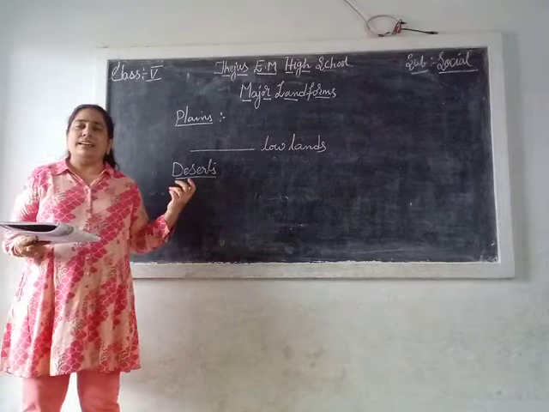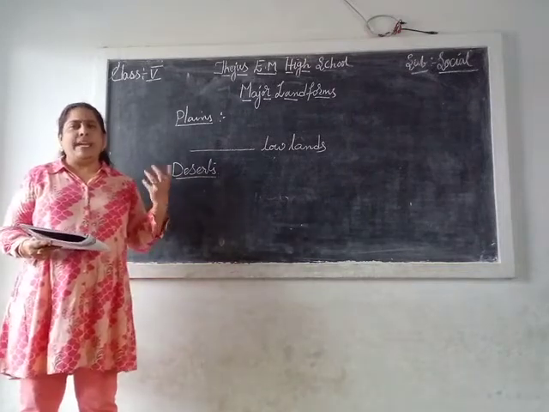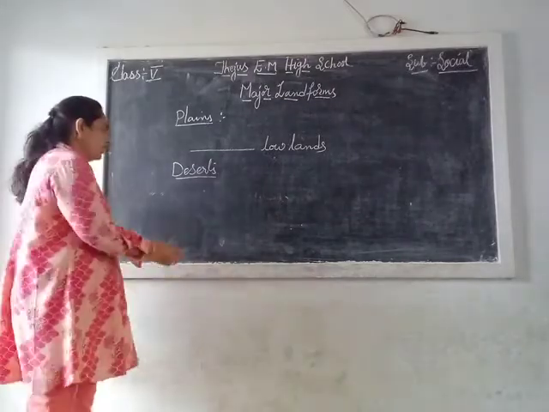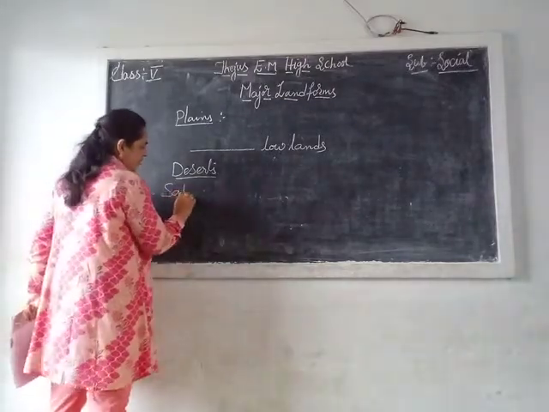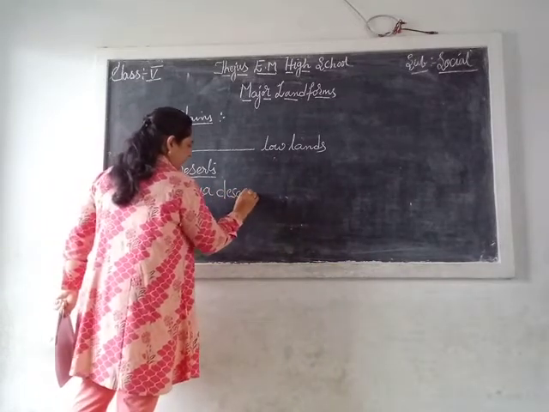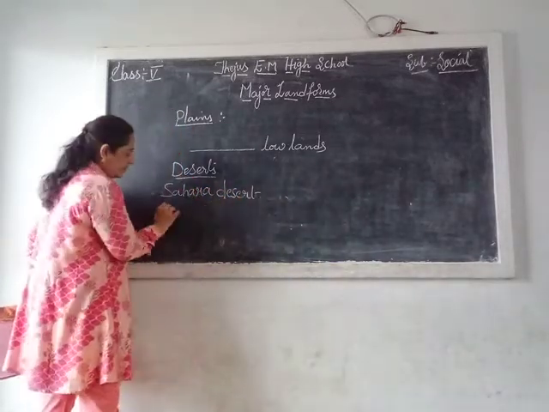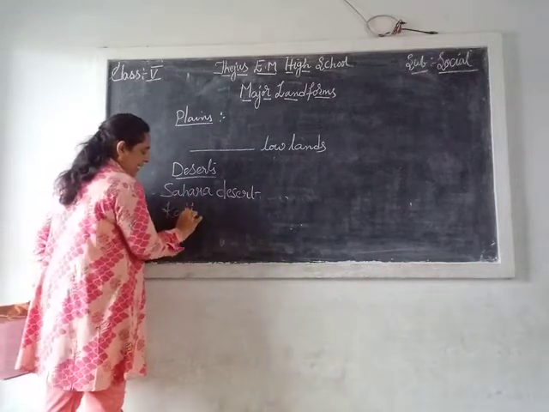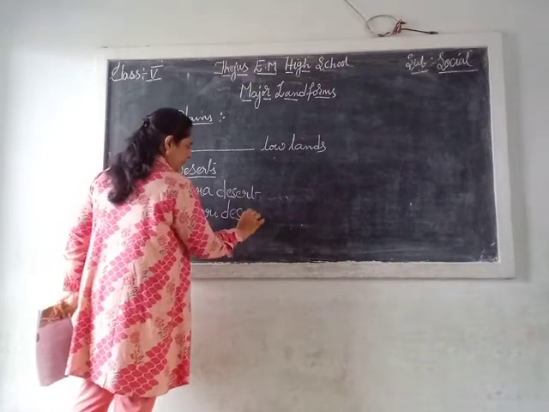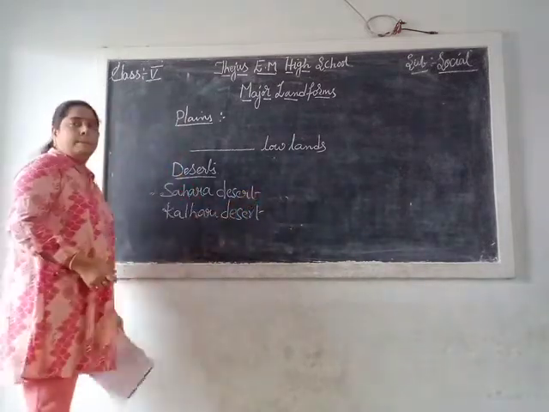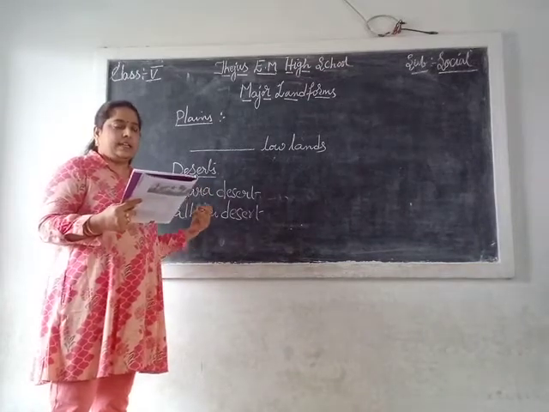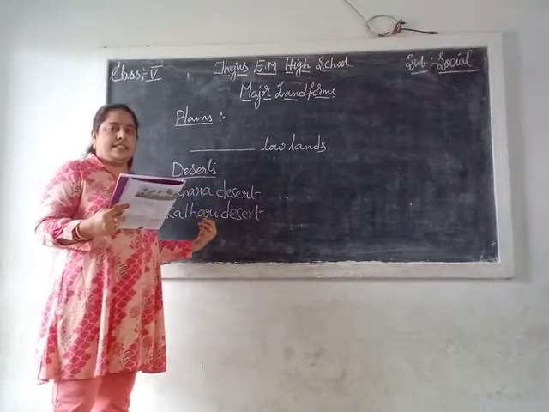We have deserts in Rajasthan. The main deserts are the Sahara Desert and the Kalahari Desert.